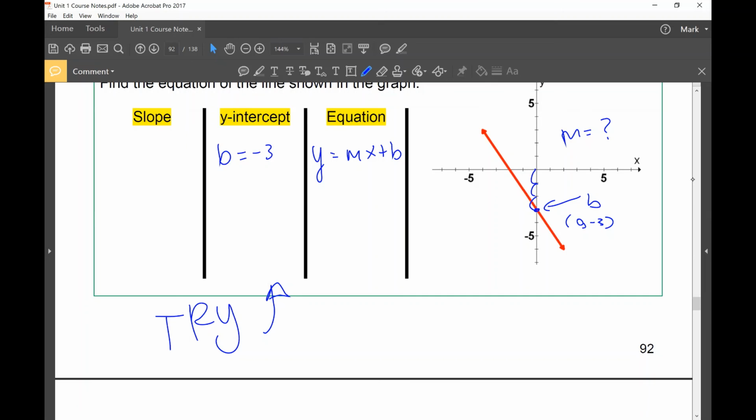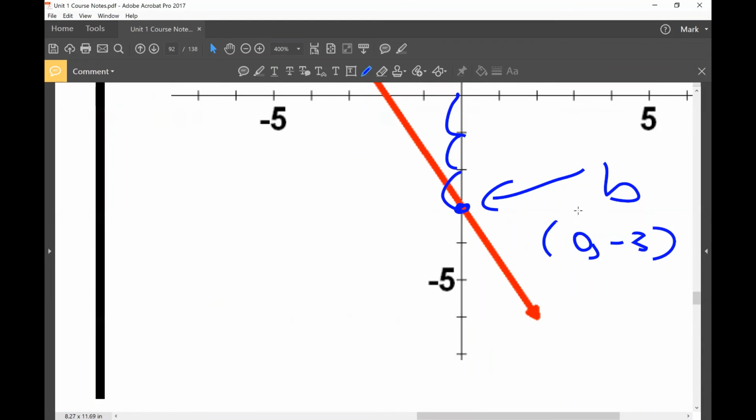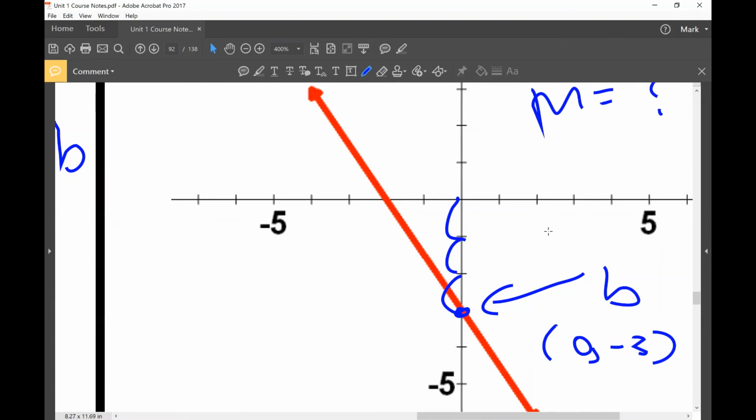Okay, what about my slope? My slope is my rise over run. There's a few ways you can do this. What I like to do is move from this point to another point somewhere on the graph.